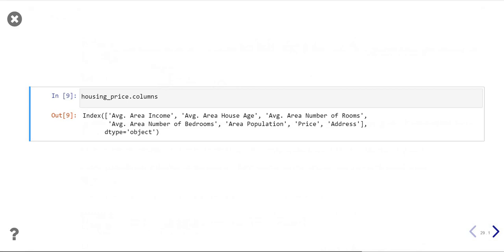Sorry, columns. So housing_price.columns will list out the names of all the columns. So we are interested in plotting average area income, this one, versus the house price.